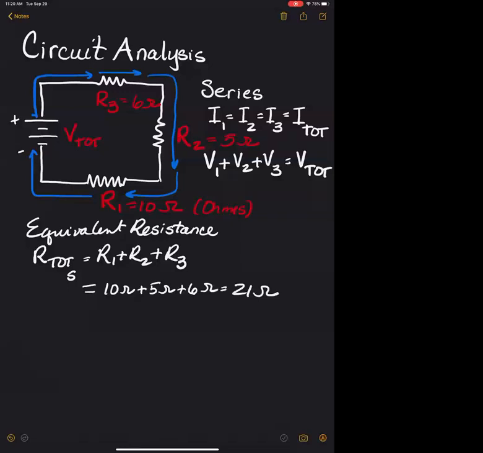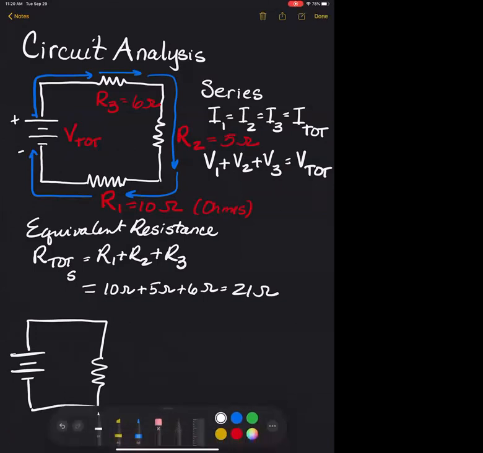What that means is, if I wanted to, I could redraw this same circuit like so, and replace all of those resistors with one, and still have the same battery here.